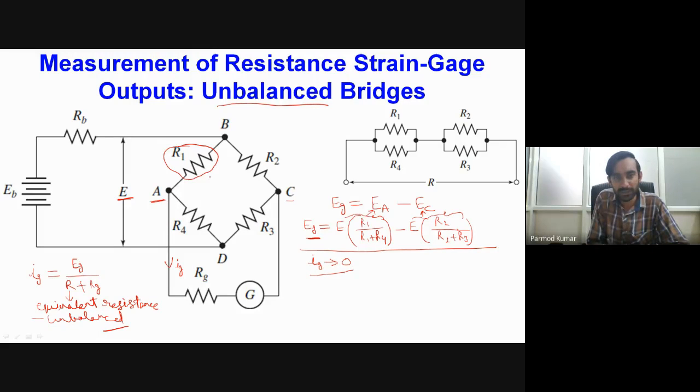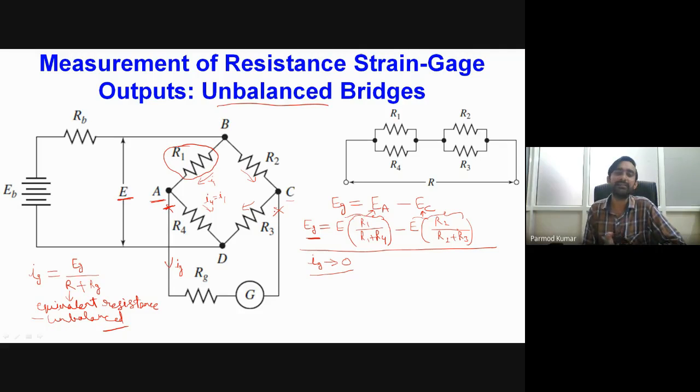In that case, whatever current I have over here, the same current will pass through resistance number 4. So I4 will be equal to I1, and similarly whatever current passes through I2, the same current will come to R3. So I can simply consider that my galvanometer is not connected to my circuit.